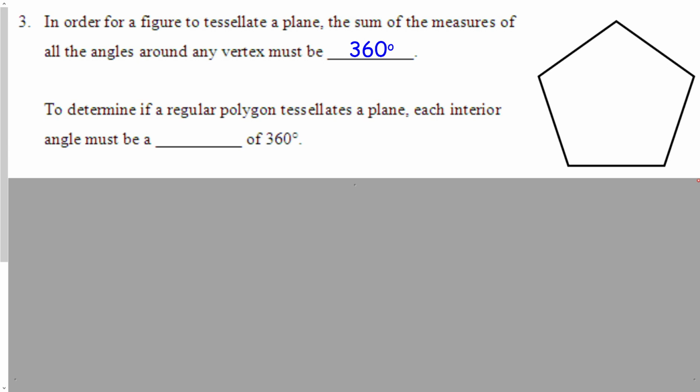To determine if you can use a single regular polygon to tessellate, you need to figure out whether or not each interior angle is a factor of 360 degrees.